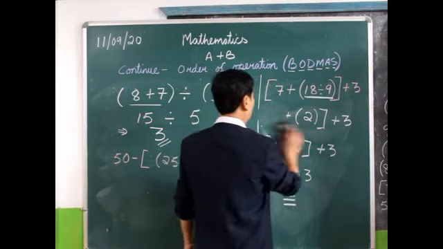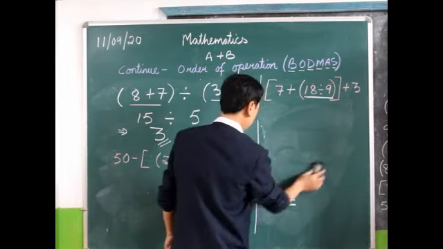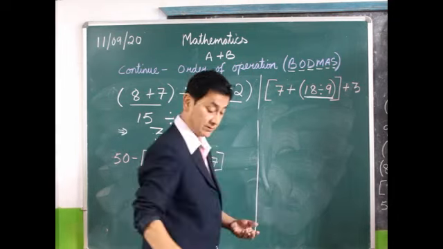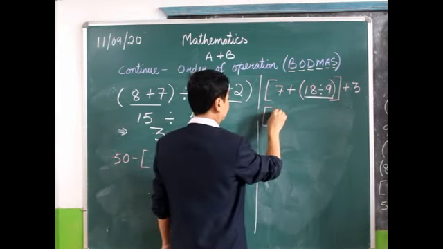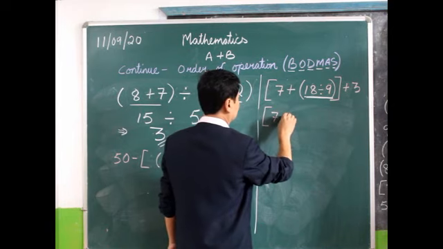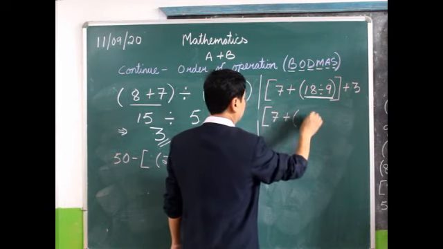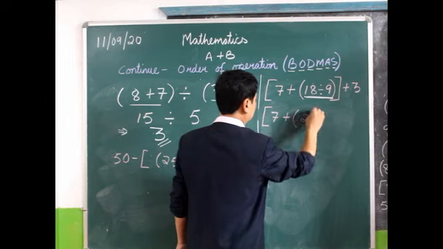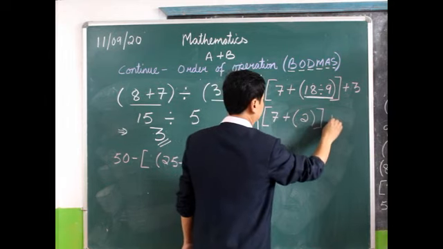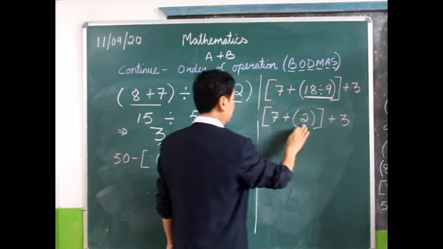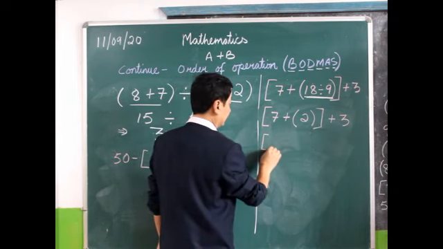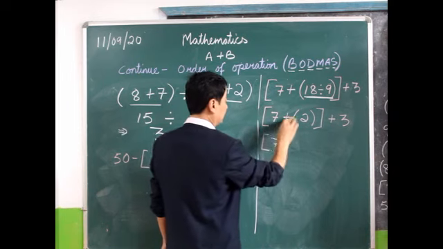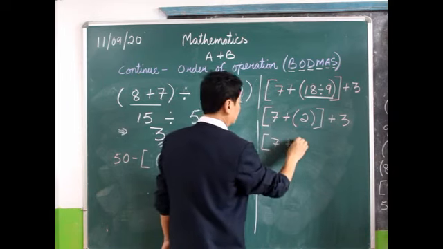Let's do this once more. So first we do this inner bracket. We write the same numbers. 9 goes into 18 how many times? 2 times. Close the brackets, plus 3. Now we have to open the brackets by multiplying the sign. 7 remains the same, plus into plus, plus 2.